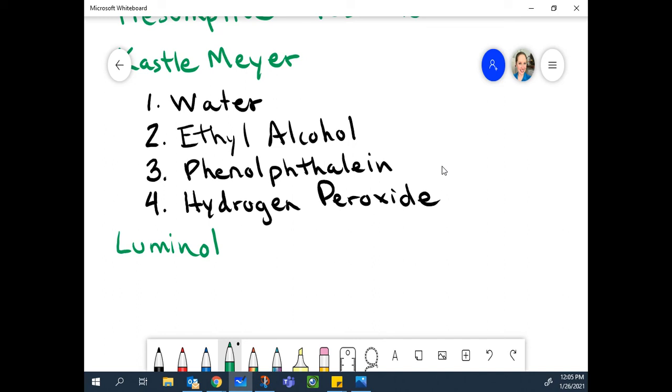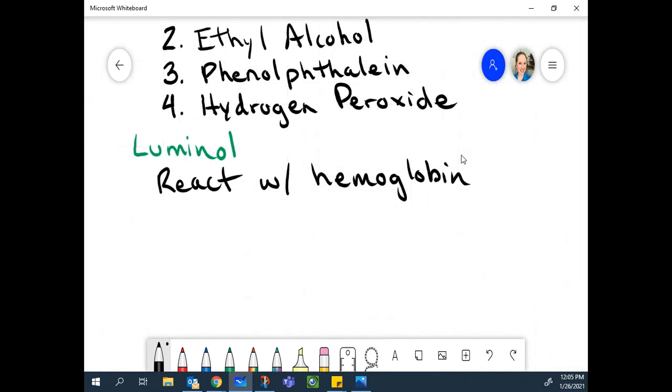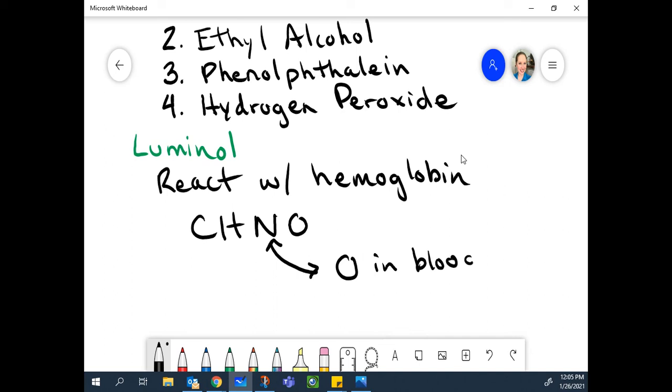So the reason it was glowing is that the luminol reacts with the hemoglobin. Again, this is an oxidation reaction. This time, we saw in that packet that luminol is made of carbon, hydrogen, nitrogen, and oxygen. The nitrogen is going to switch spots with oxygen in the blood, and it's going to release energy in the form of light.